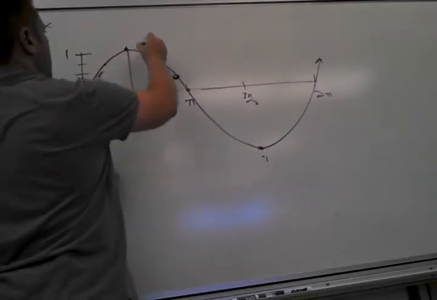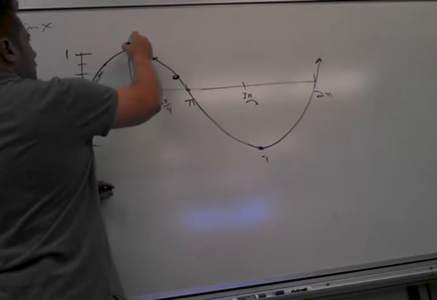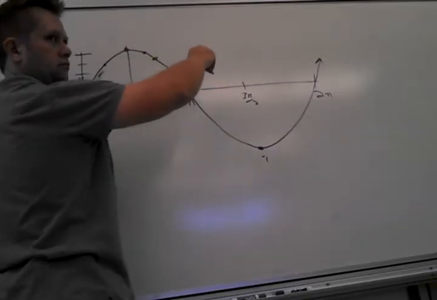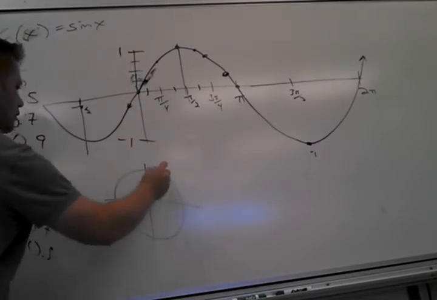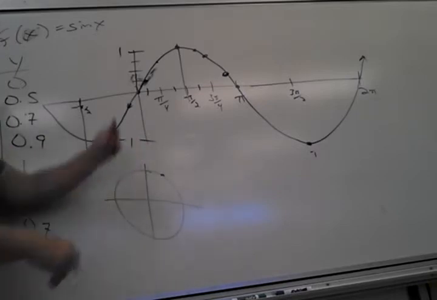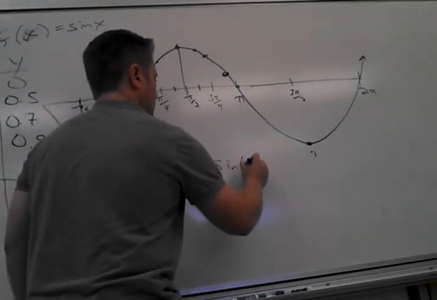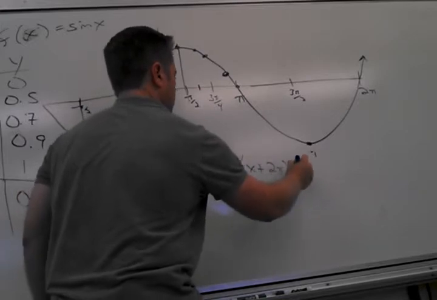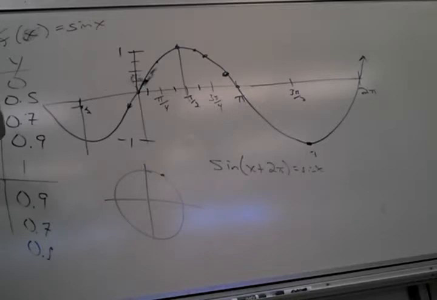If I take any value and I go, let's just do this one. And I go 2 pi later. So if I'm on a unit circle and I go around 2 pi, where do I end up? Same point. So that would mean sine of x plus 2 pi is sine x. Because you end up right back on top of yourself, right? Not a big deal.